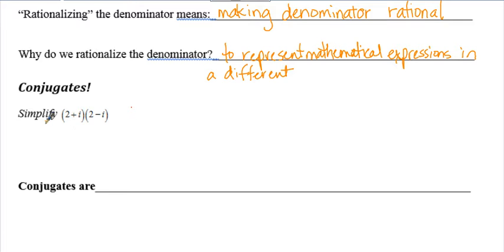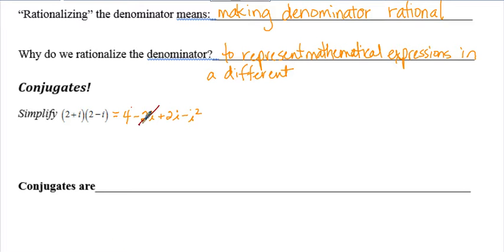So let's review again. If we were to multiply 2 plus i times 2 minus i, let's watch the magic happen again. This happened on example 15 above. We're going to see it happen again here. Let's FOIL this. 2 times 2 is 4. 2 times negative i is negative 2i. 2 times positive i is positive 2i. i times negative i is negative i squared.